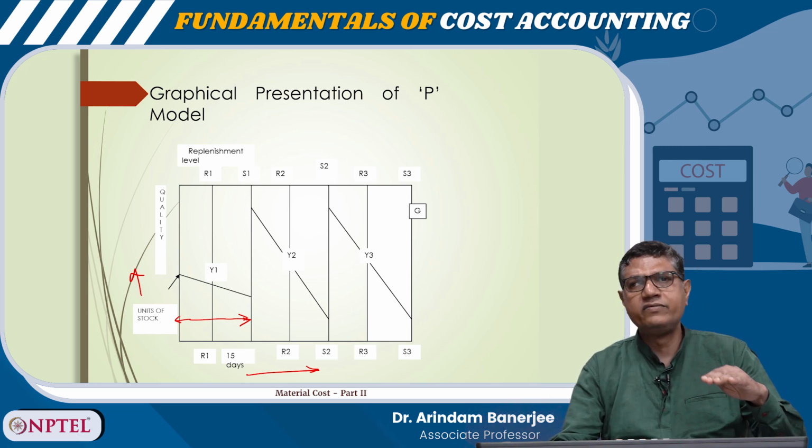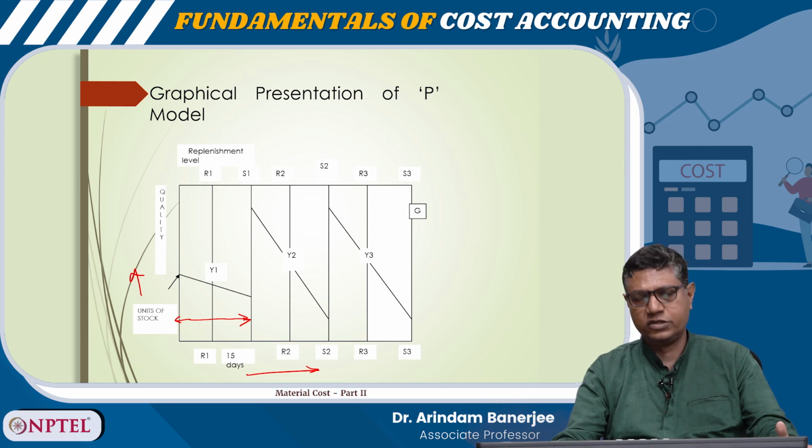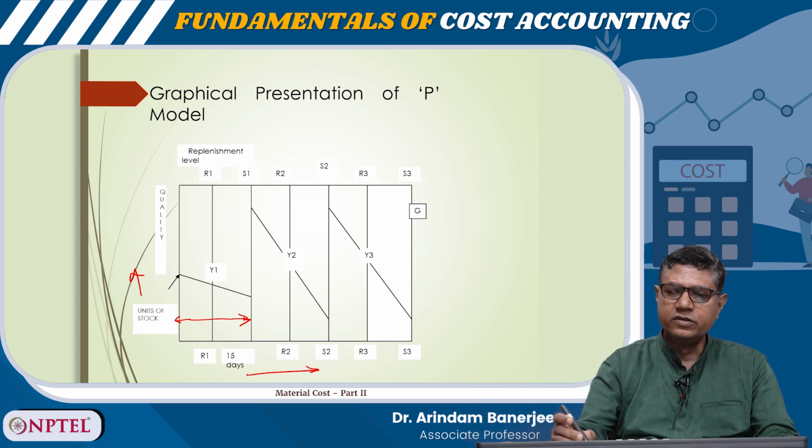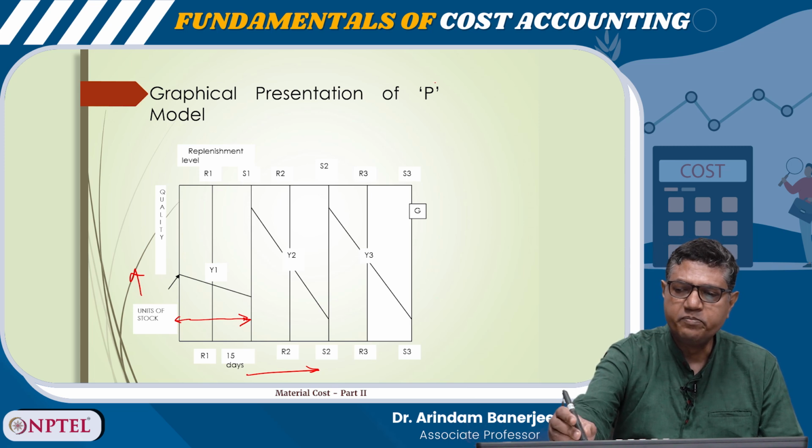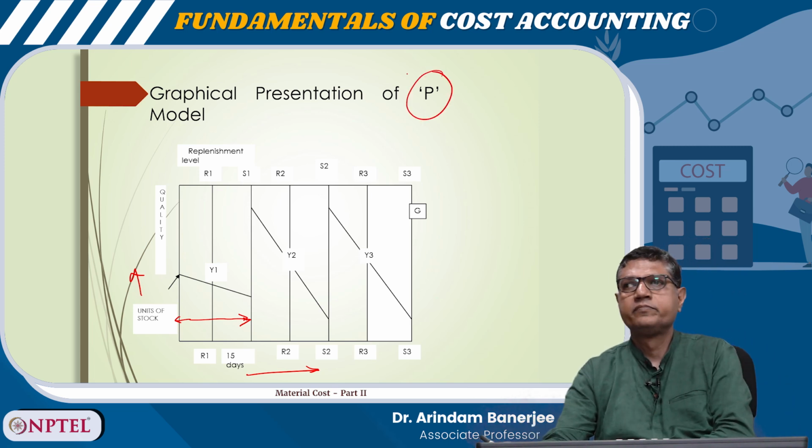Even if there is a stock, still the new order goes. So, this model is called the P model.